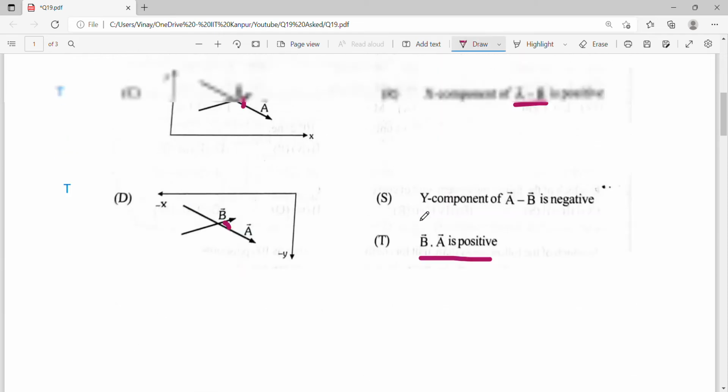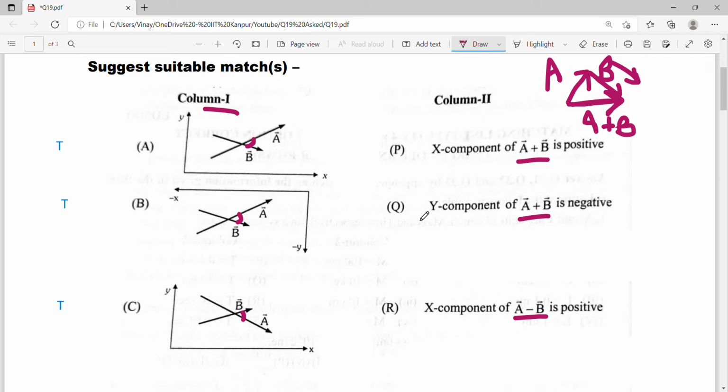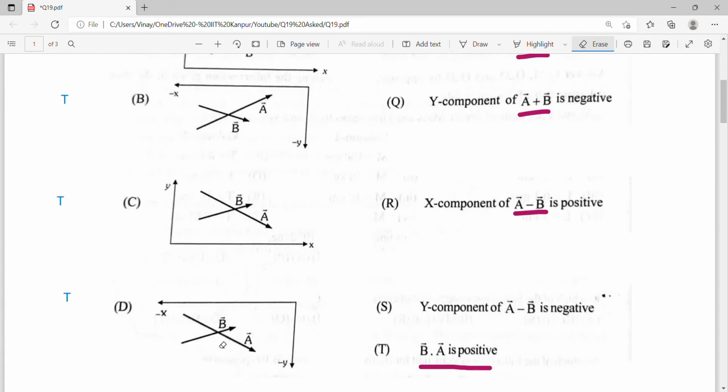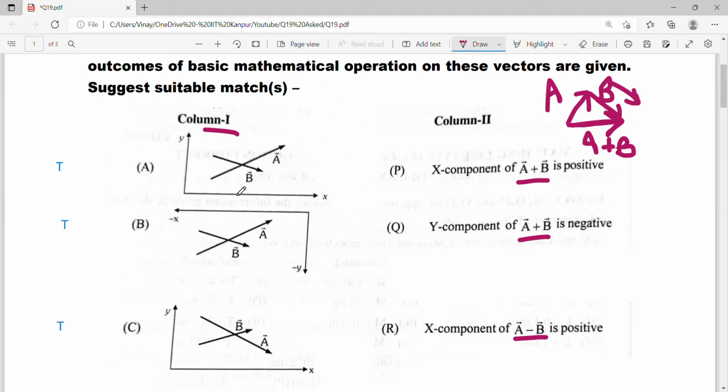Now let's look at column 1 again. If you see these vectors, there are only two types of vector sets that you are given. For example, पहले में देखो ये वेक्टर है b वेक्टर, ये वेक्टर a वेक्टर, सेम सेट यहाँ पे भी है, same set is here also. What is the change here?